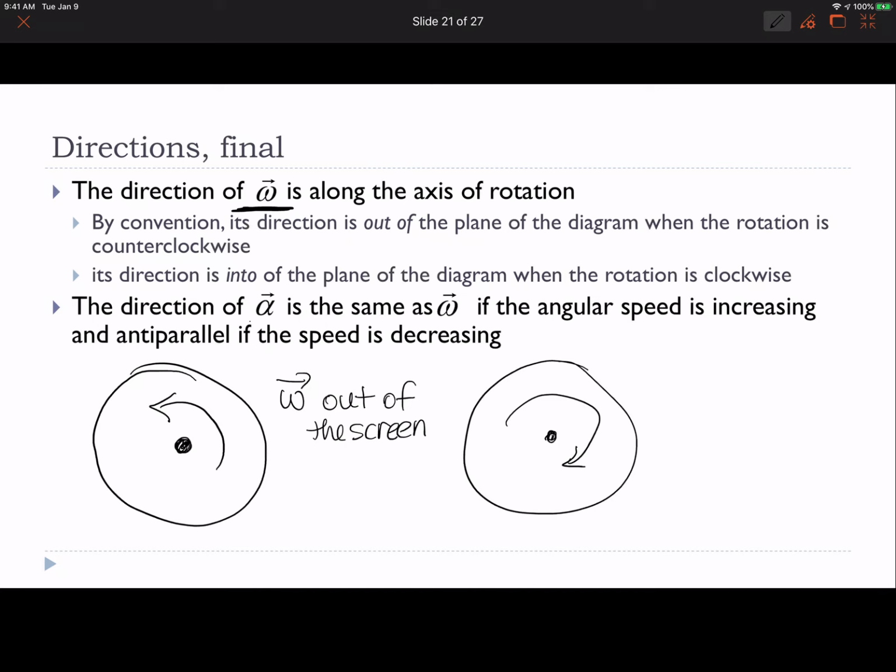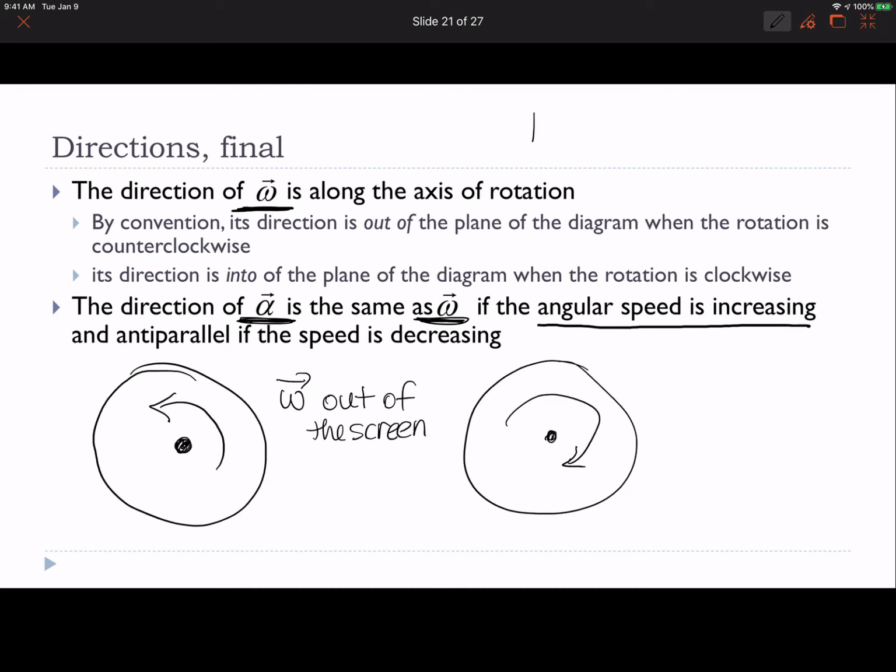The direction of the angular acceleration is going to be in the same direction as the angular speed or angular velocity if the angular speed is increasing, and it's going to be in the opposite direction, or anti-parallel, if it's decreasing.